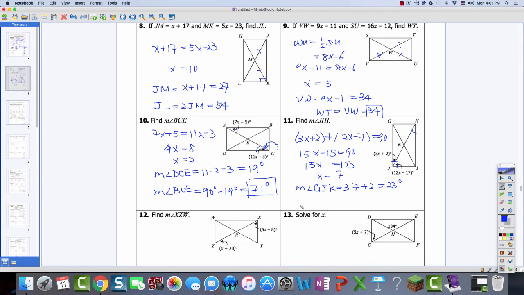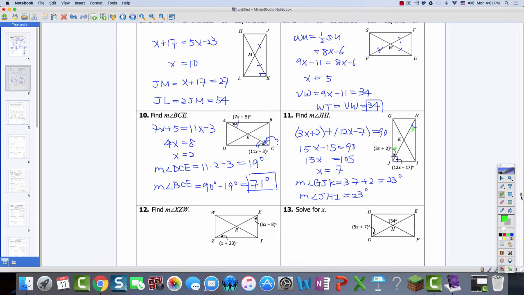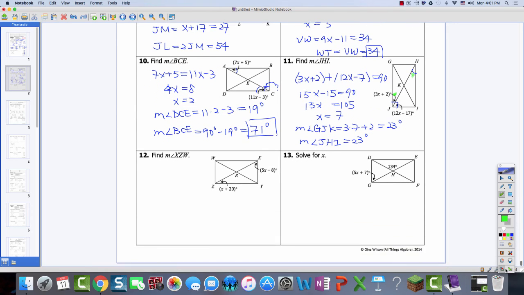And therefore, my angle JHI should equal 23 degrees. Because if I know this part, in this green angle here, I should know this too, because they are congruent, because they are alternate interior angles. Okay? So that's number 11.